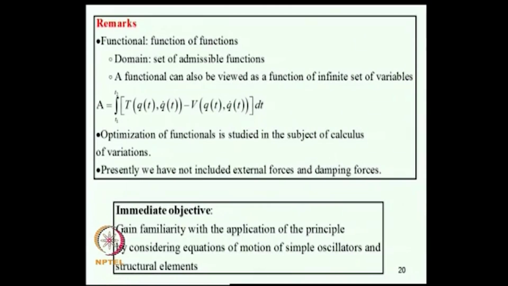Now, Hamilton's principle requires us to study the extremes of this action, that is, we need to address the problem of optimization of functionals. This subject of optimization of functionals is studied in calculus of variations.